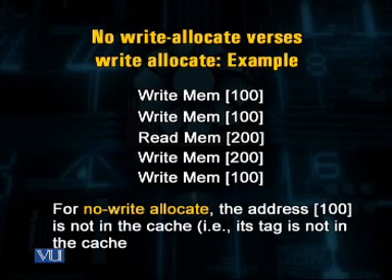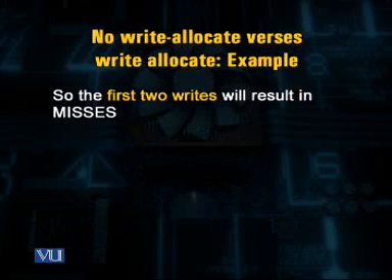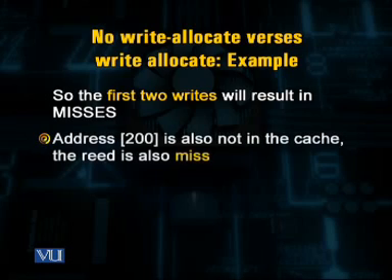For no write allocate, the address 100 is not in the cache. That is, its tag is not available in the cache. So the first 2 writes will result in 2 miss operations. Now the next one, the address 200, is also not available in the cache.